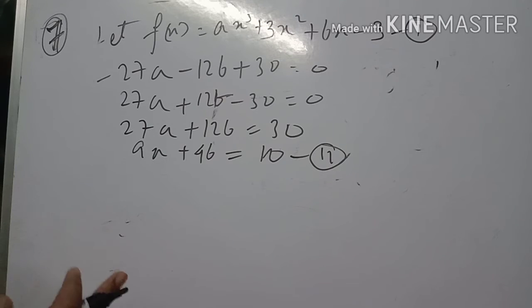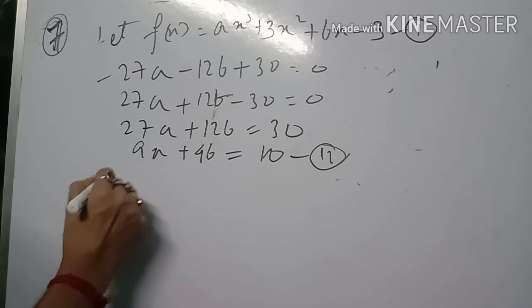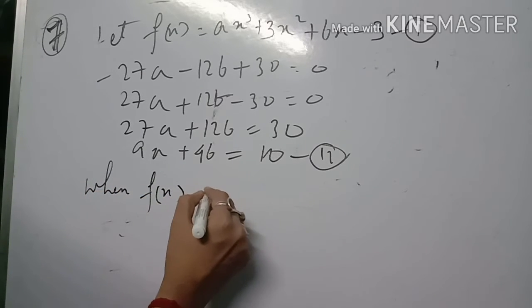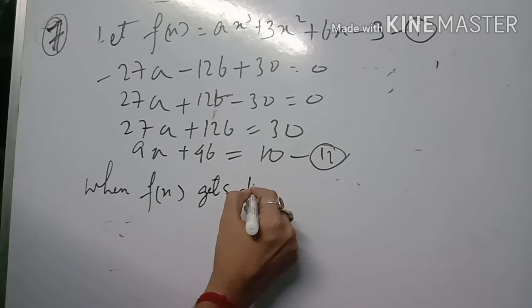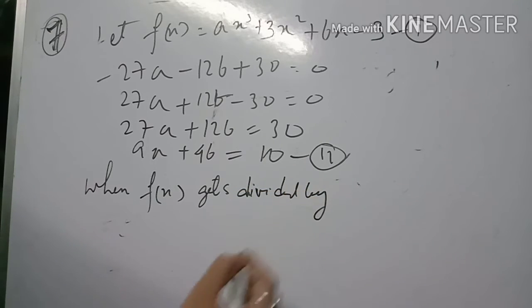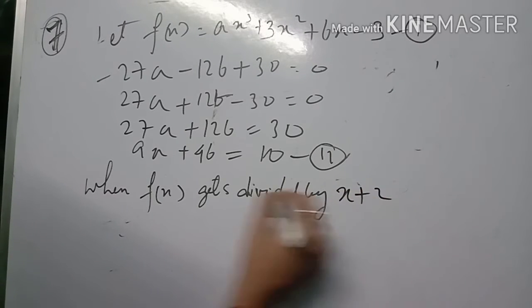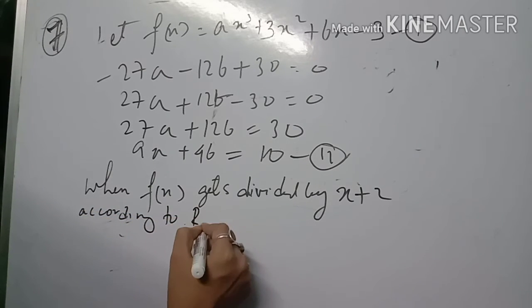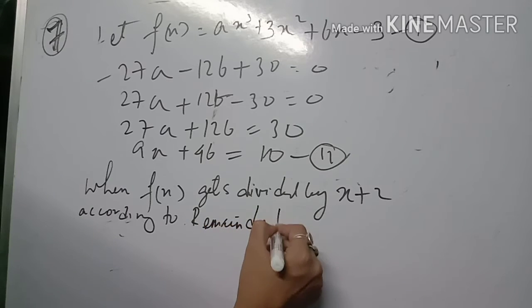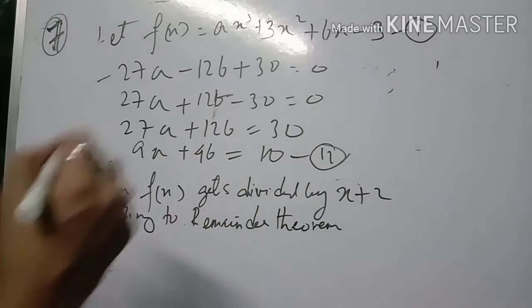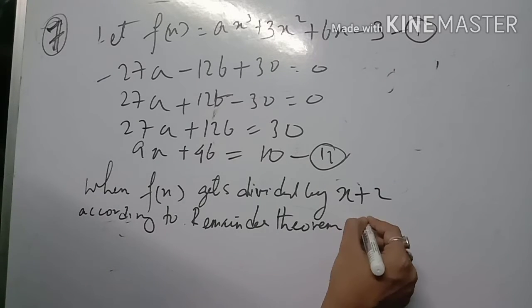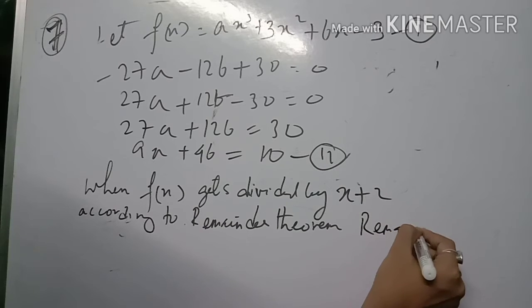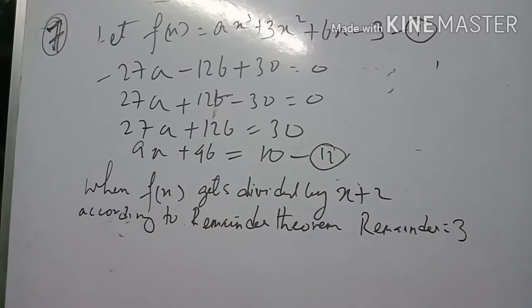So when f(x) gets divided by x plus 2, according to remainder theorem, we are getting remainder as minus 3.